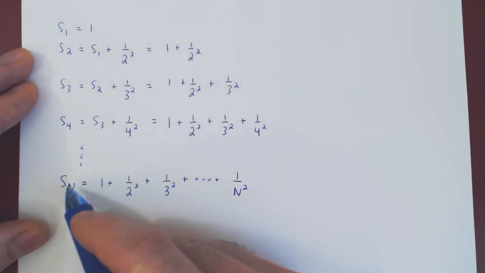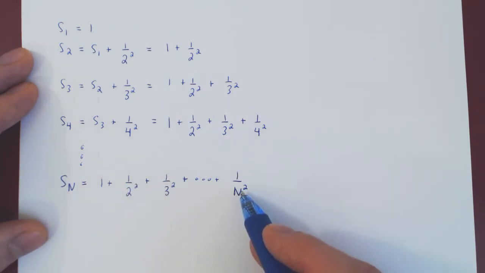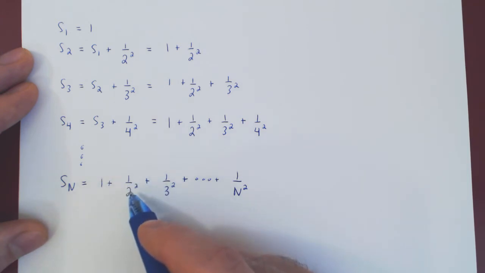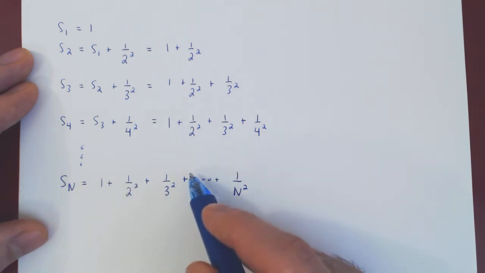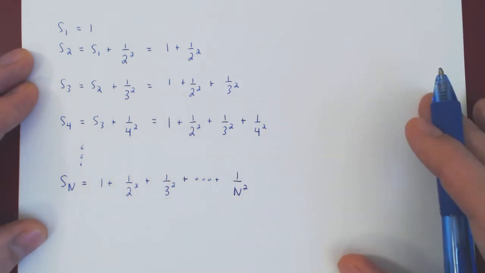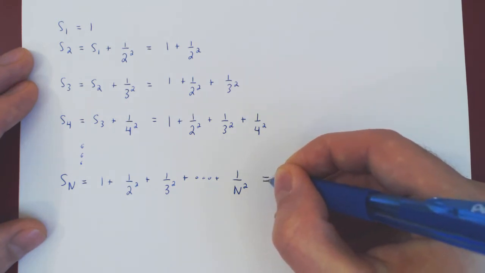So S_N for any N is the sum up to N of the reciprocals of the squares: 1 over 1 squared, 1 over 2 squared, 1 over 3 squared, 1 over 4 squared, up to 1 over uppercase N squared. And we can write this concisely using sigma notation.